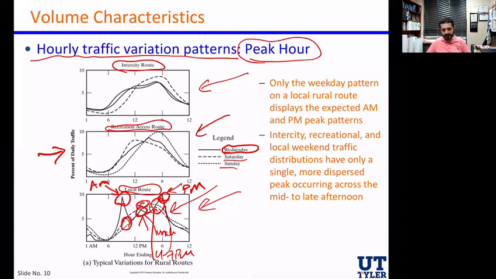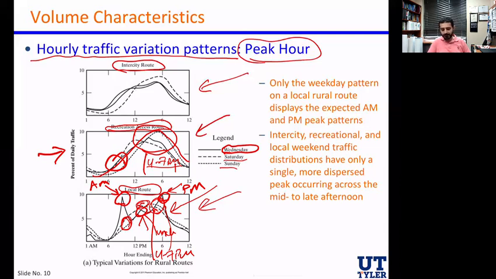Basically, what we see here, looking at all three lines, either weekday or weekend, is a major peak at the PM peak hour, somewhere between 4 to 7 p.m., where people arrive or even leave the recreation place. But there's no AM peak hour, simply because everyone will pick their own time to leave their houses and arrive at this recreational place.